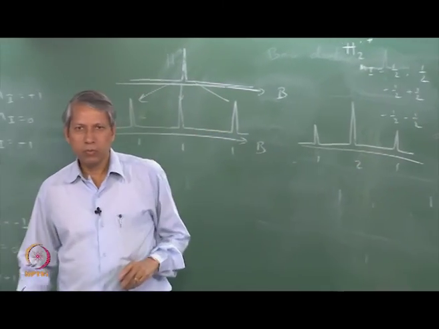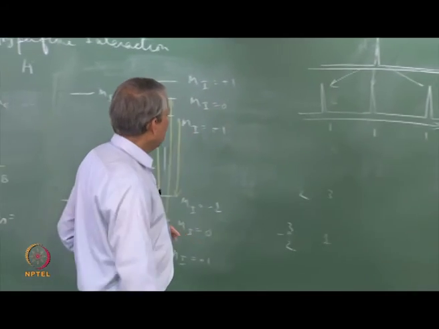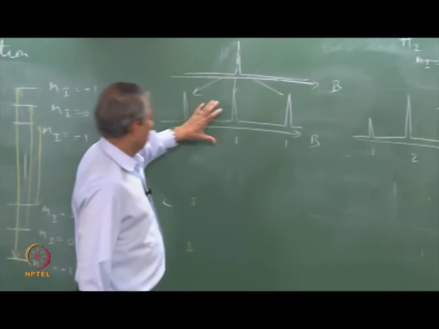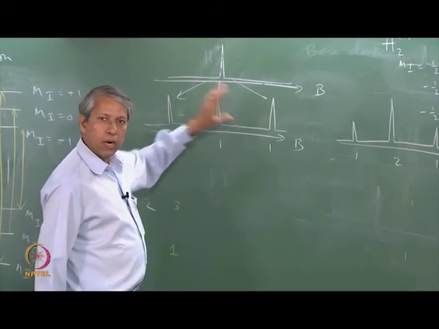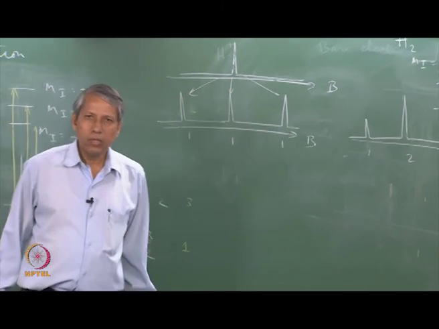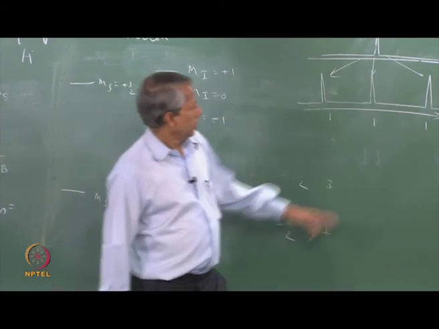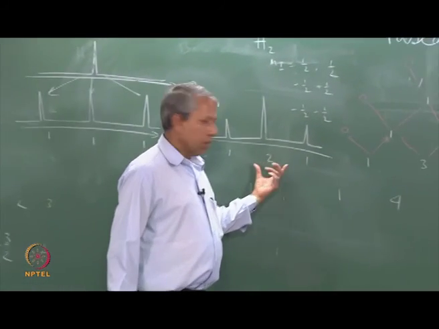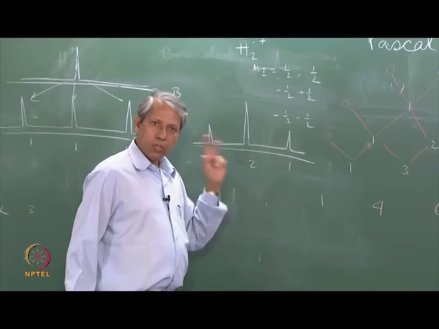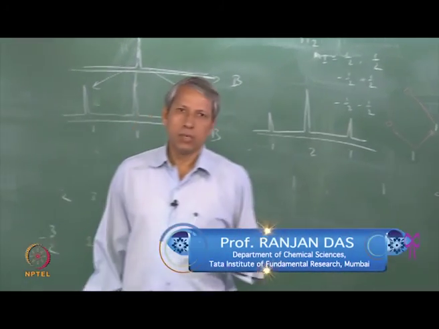This also shows the power of EPR spectroscopy: by knowing not only the number of lines but also the pattern of relative intensities, I can guess very accurately the type of nuclei which are causing the splitting. If I see 1:2:1, I will most certainly be able to say that 2 spin half nuclei are causing the splitting.